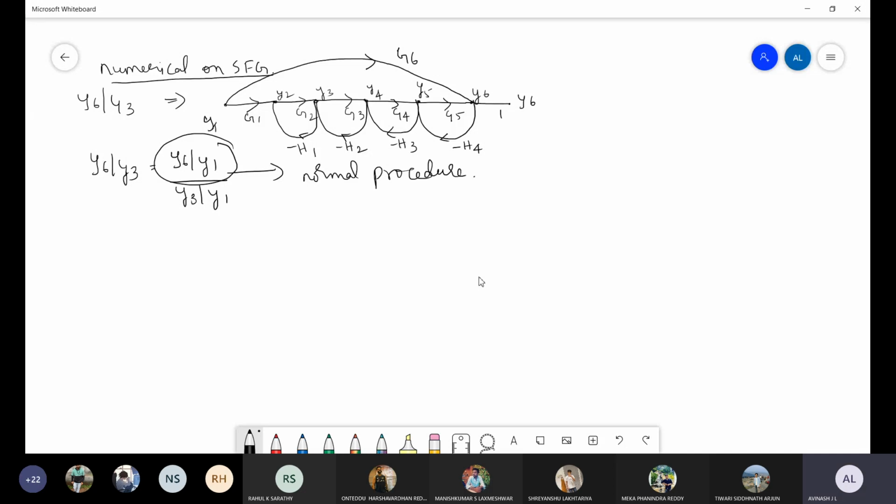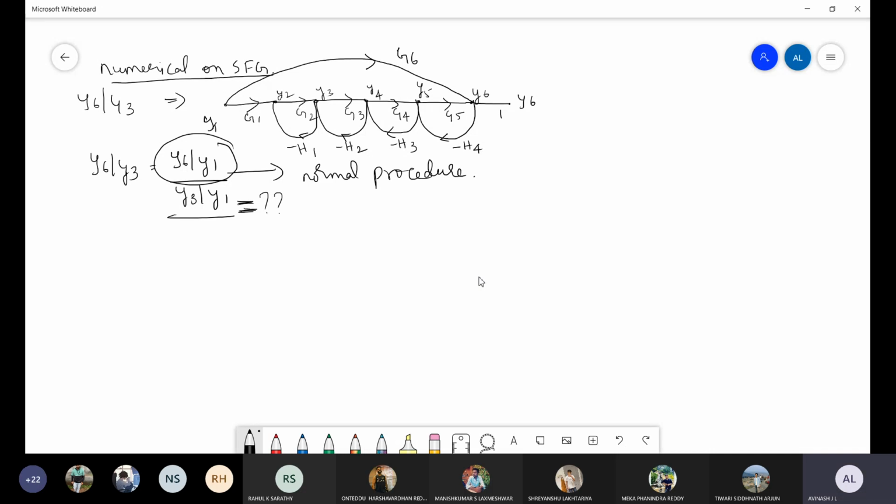Is that clear? I think you people have also done it. Normal procedure, yes or no? So now we need to find y3 by y1. That is the question.